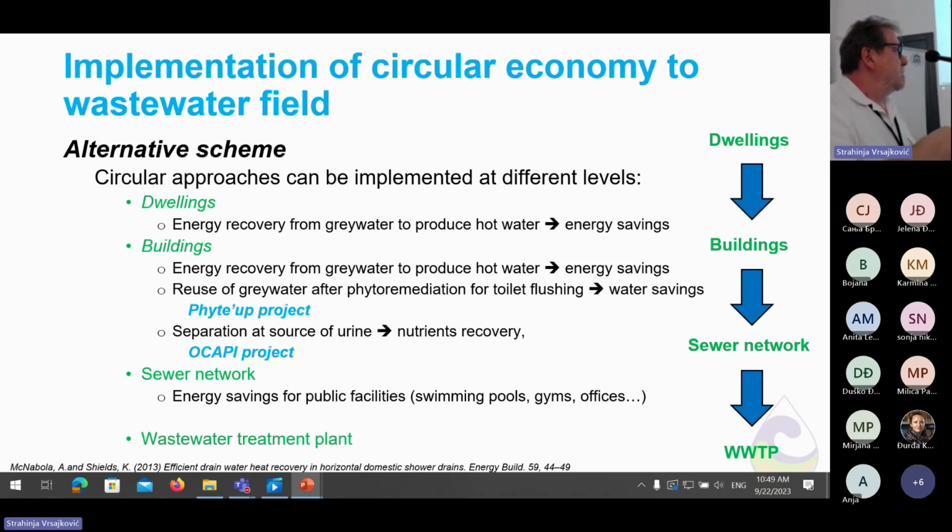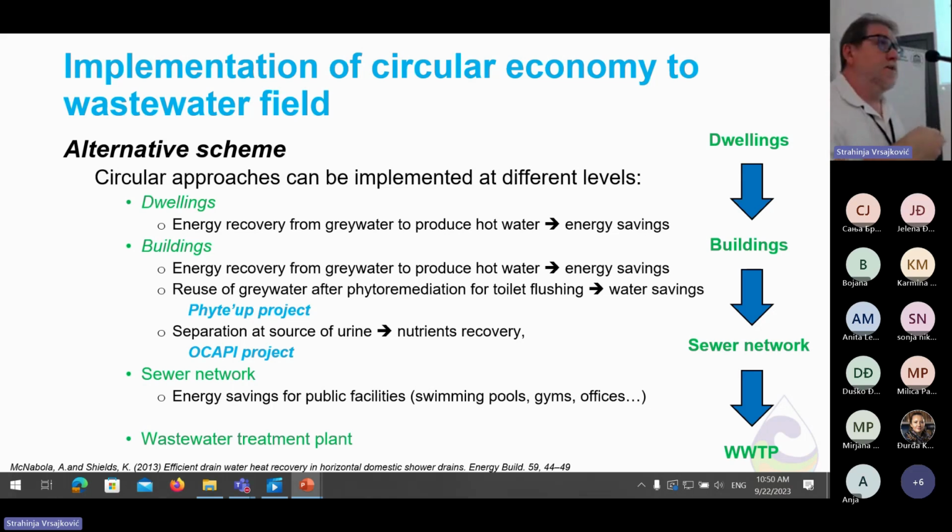And this time it's also water saving. And this will be implemented in the FITUP project I will speak on. This is a project we are working on in my lab. And the second aspect is the separation at source of urine, because urine is rich in nutrients: carbon, phosphorus, and nitrogen. So there is a nutrient recovery. And this project, Jullien will speak about it.